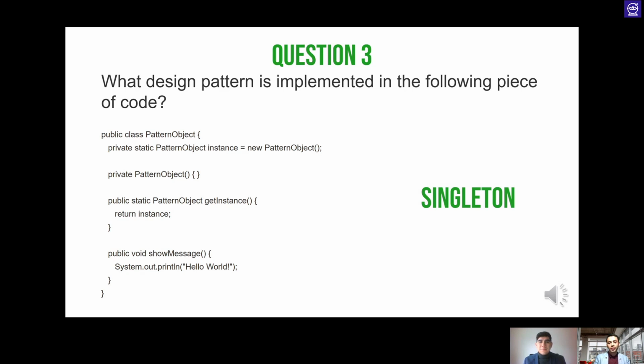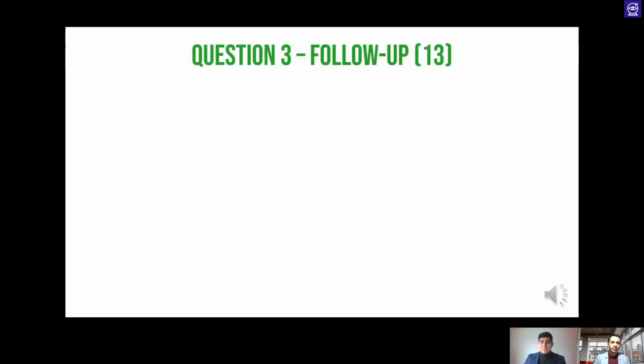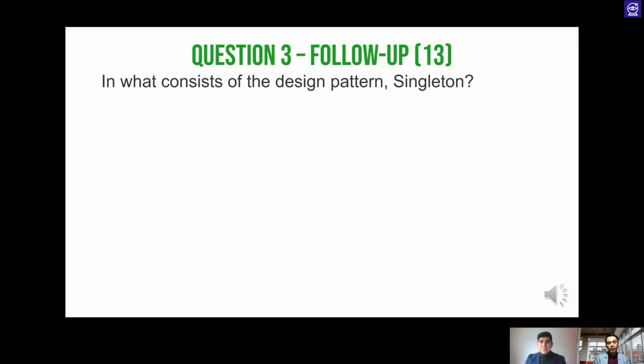Now let's go deeper into the singleton. What does the singleton design pattern consist of? As we mentioned, there are two main characteristics of this design pattern. The first one is that it declares a static object of itself, and the second one is that it has a private constructor.